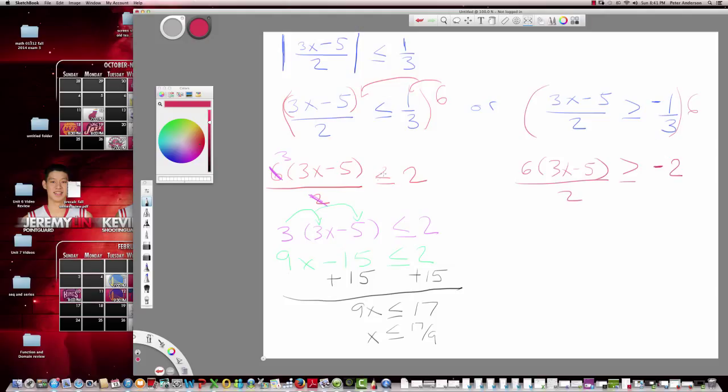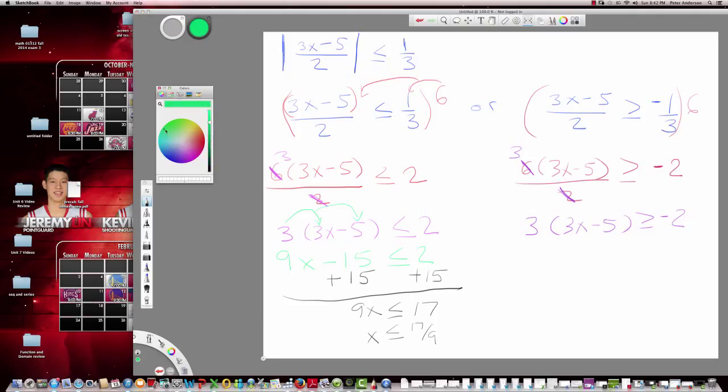Okay, so the only difference here is the signs change, and this is going to be a negative 2. All right, again, same idea. You cancel these out, and you get a 3. 6 divided by 2 is 3. And so we're left with 3 times (3x minus 5) is greater than or equal to negative 2.